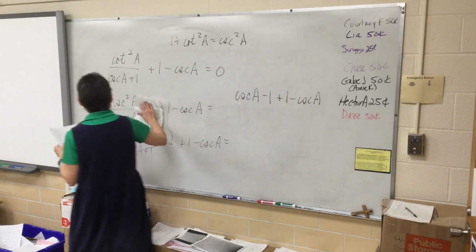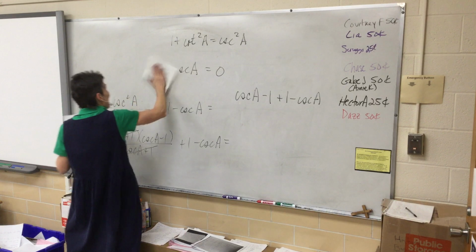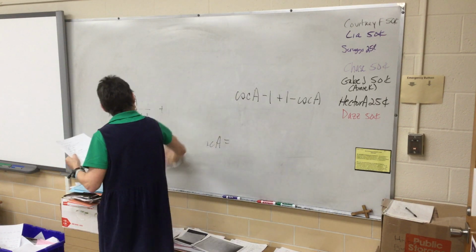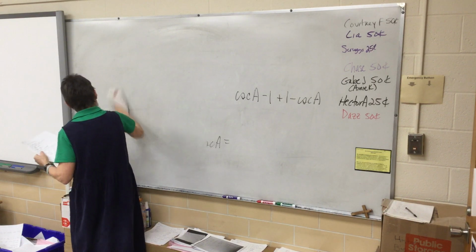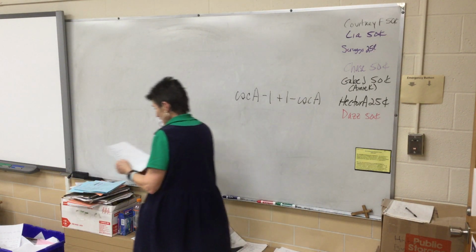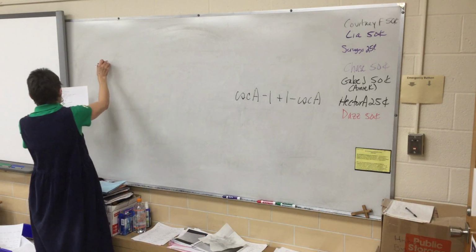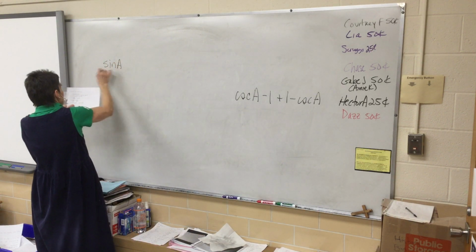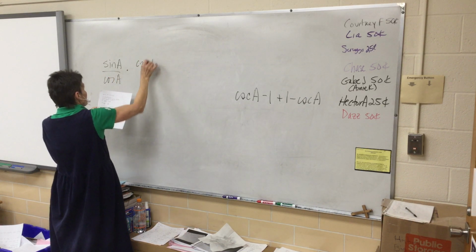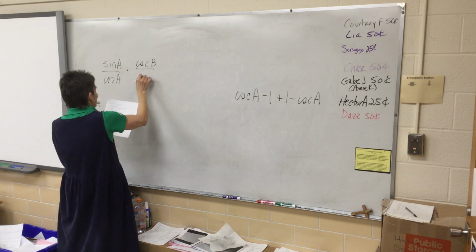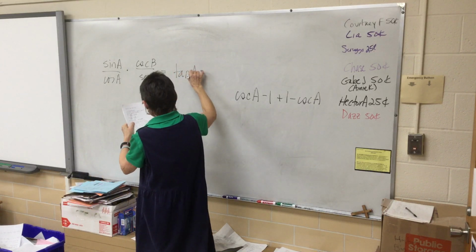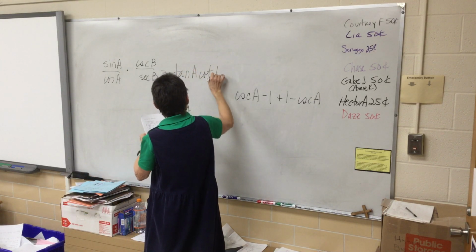Let's try 6 because we haven't had any yet with different variables. So let's try number 6. The variables matter when you start putting them together. You can't put together things that don't match. So we have sine A over cosine A times cosecant B over secant B. Now notice I split my fraction.